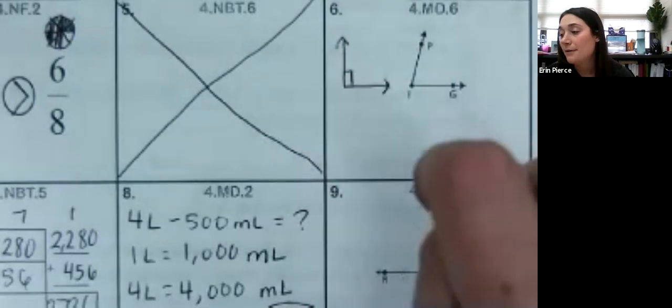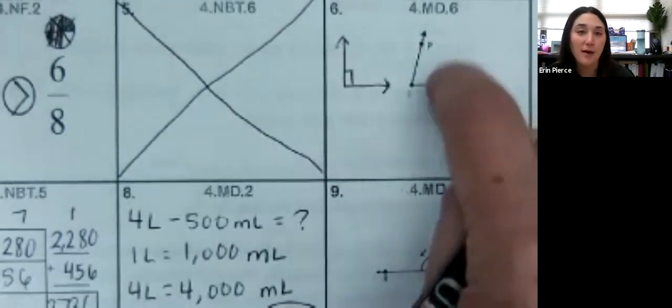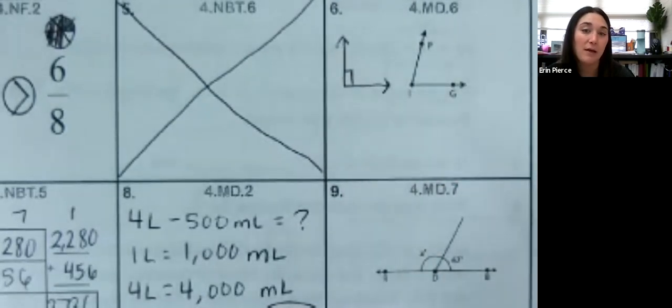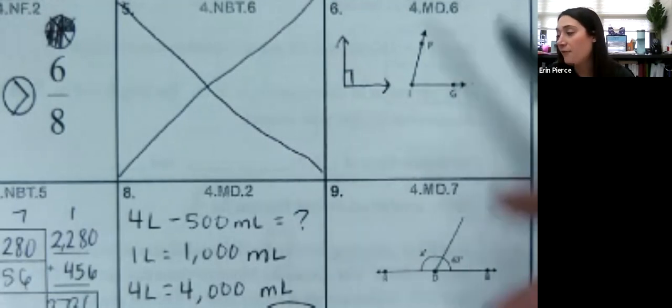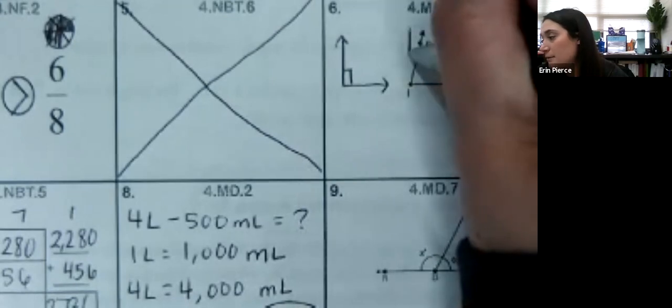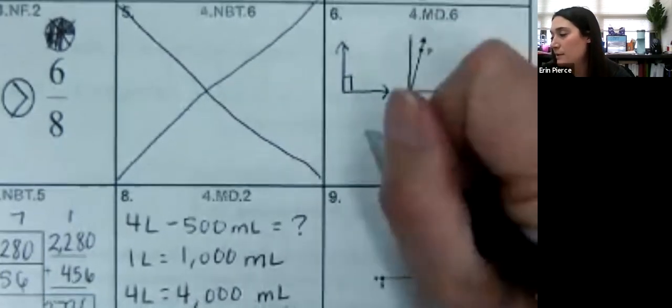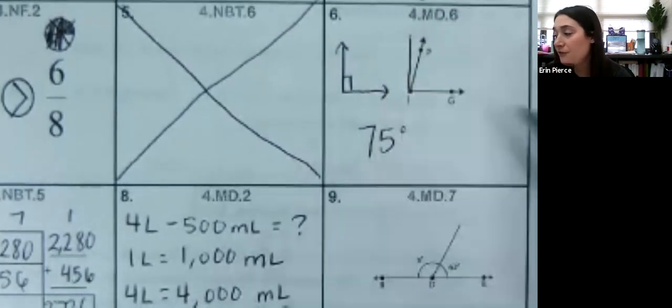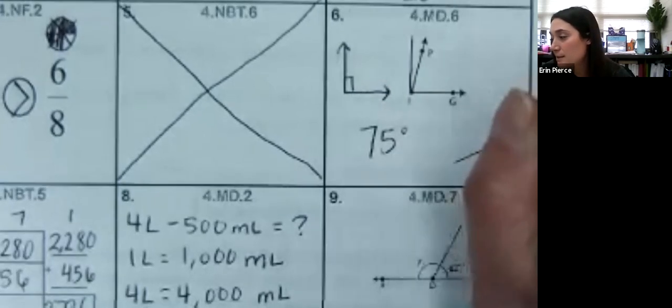Kira, what do you think? 75. It's not that far away from a 90-degree angle. A 15-degree angle looks something like that.